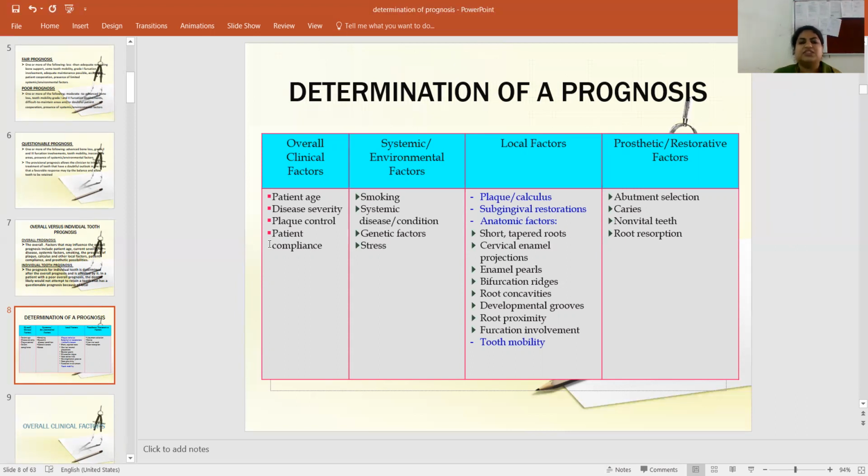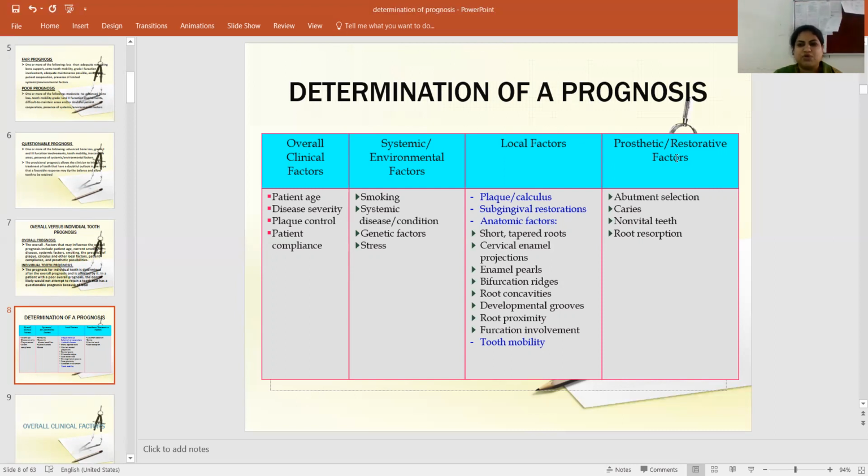Then local factors, where you look at plaque, calculus, presence of subgingival restorations, and anatomic factors which include short tapered roots, cervical enamel projections, enamel pearls, bifurcation ridges, root concavities, developmental grooves, root proximity, furcation involvement, and tooth mobility. These are the local factors.